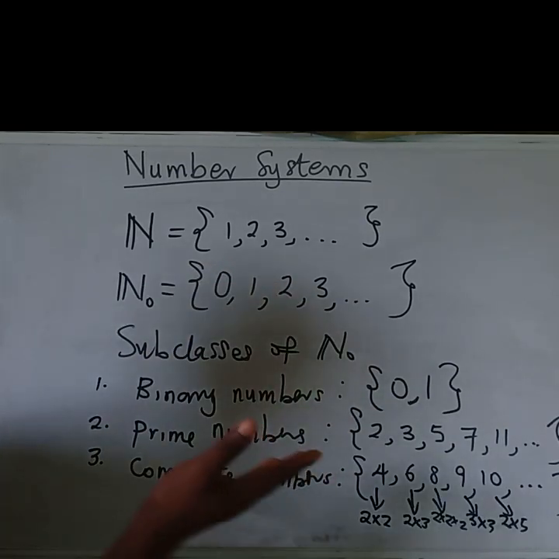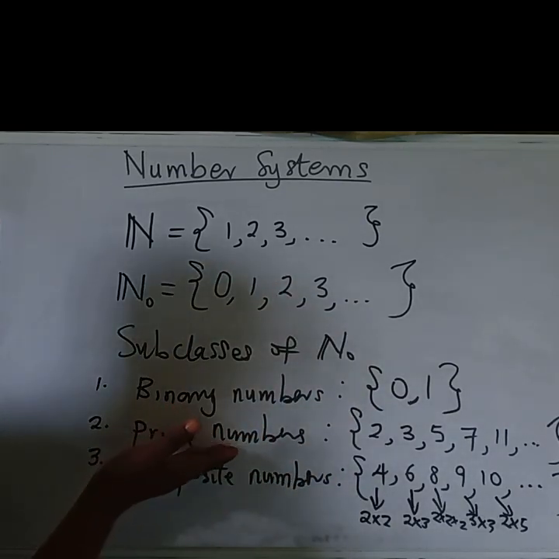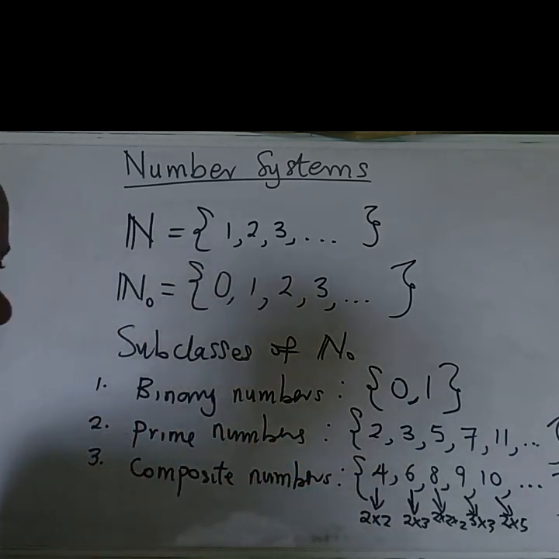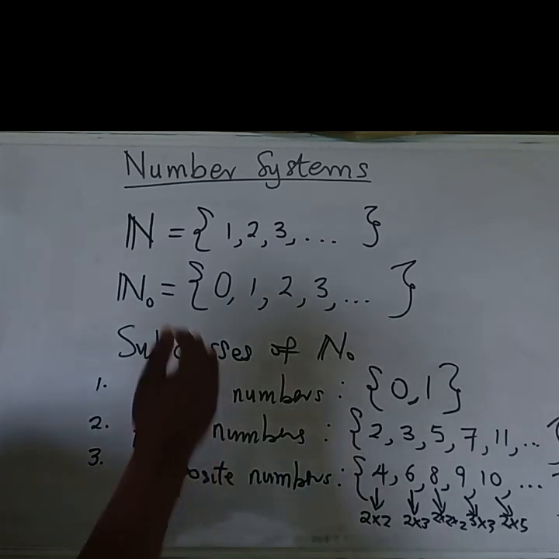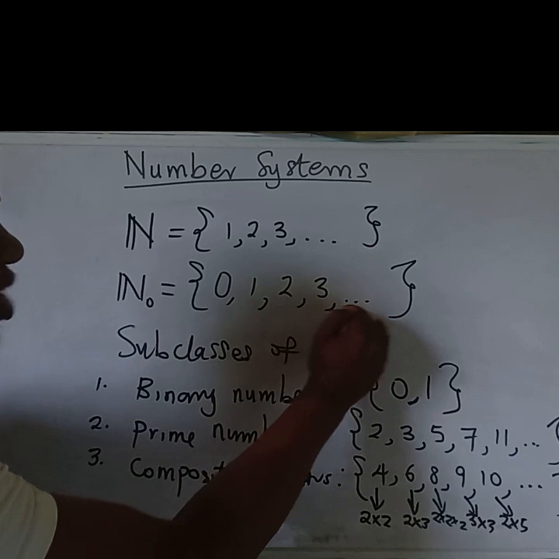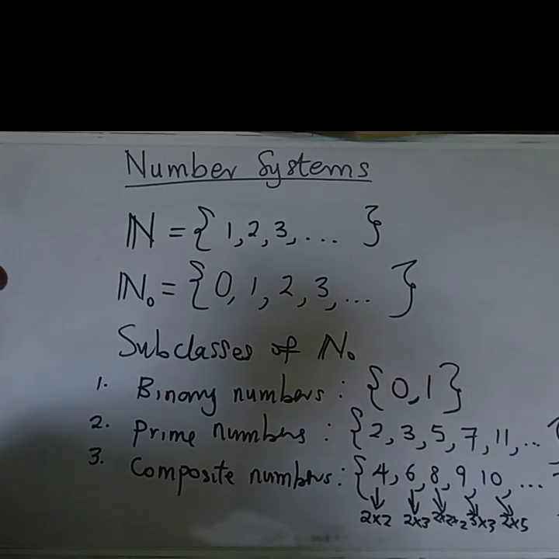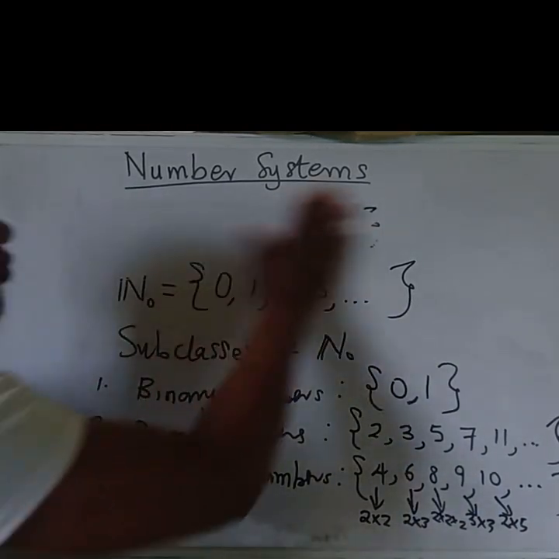Just like we said that prime numbers are useful both for theoretical purposes and applications, the same thing holds for the composite numbers. They are all useful in applications. Let us now extend the notion of whole numbers to the set of integer numbers. So let's do that now.